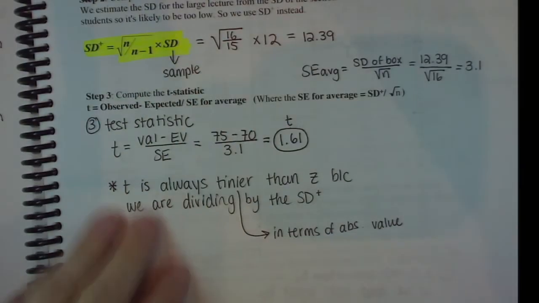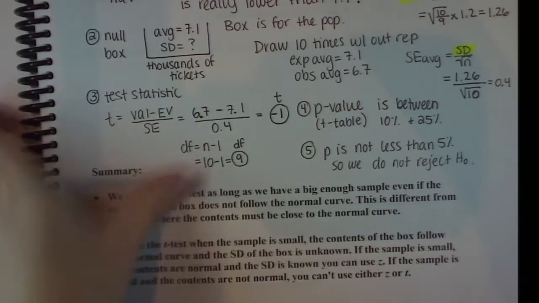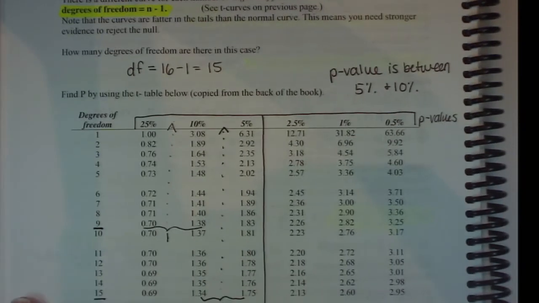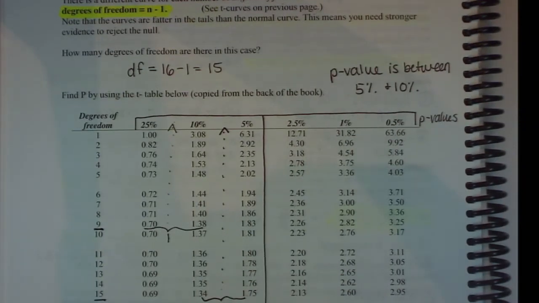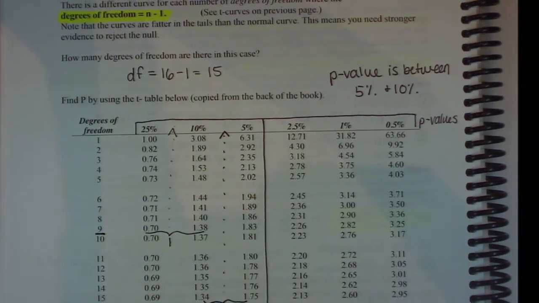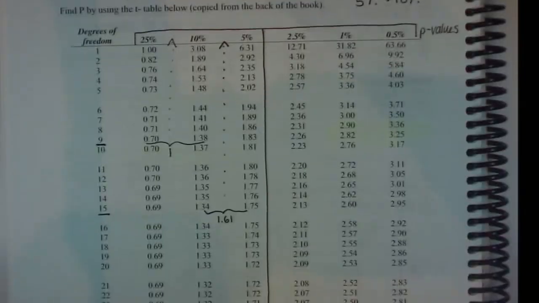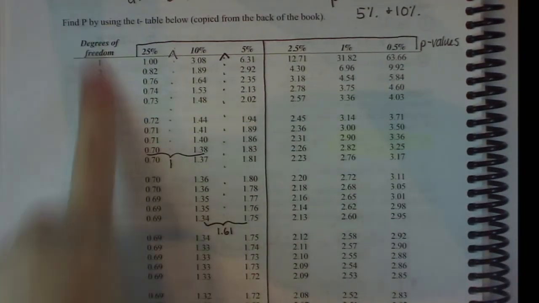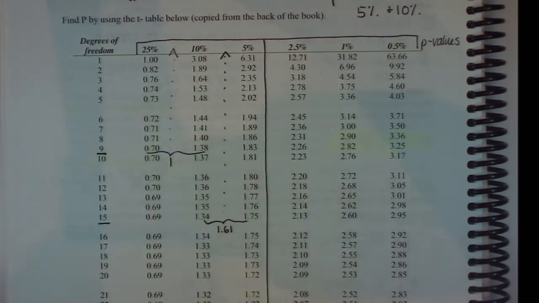And because the T curves change depending on the sample size, we have a slightly different T table than the normal table, because I didn't want to give you guys 25 T tables. That would be a little much. So we combined all of the T tables into one. So T distribution, we said it changes depending on the sample size, and it's defined in terms of degrees of freedom, which is really just the sample size minus 1.